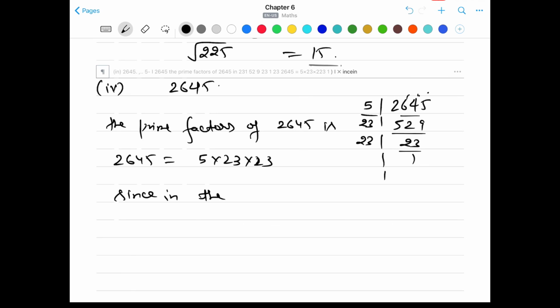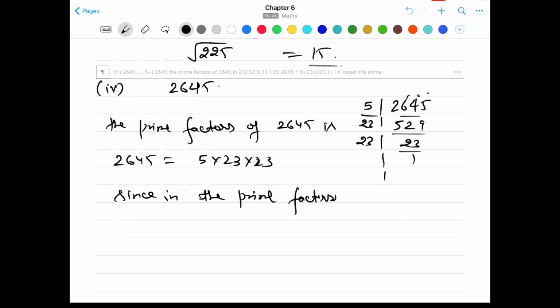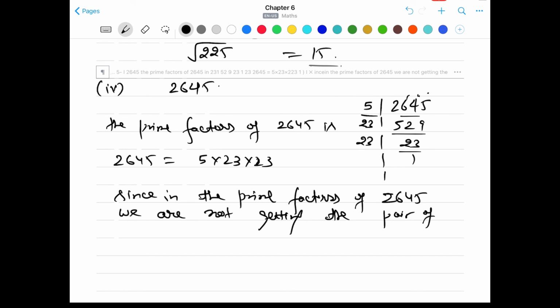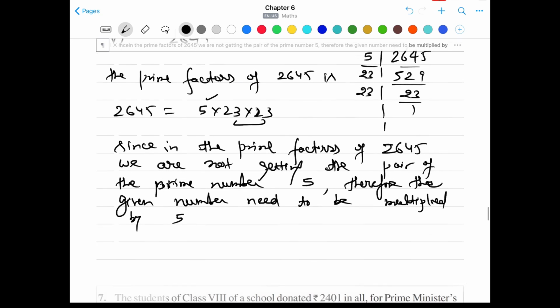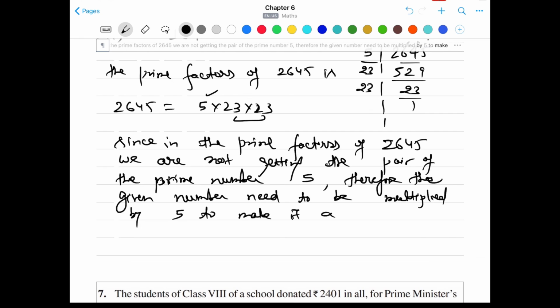So write, since in the prime factors of 2645 we are not getting the pair of the prime number 5, while we are getting a pair of prime number 23, therefore the given number needs to be divided by 5 to make it a perfect square number.